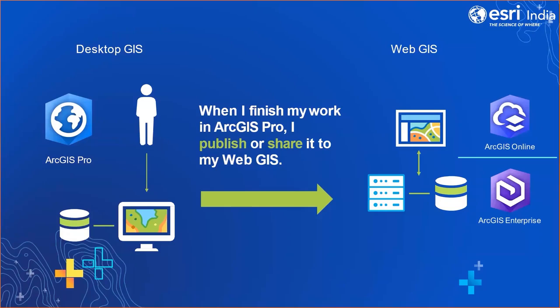Whereas ArcGIS Enterprise can be deployed within your premises, within your private cloud. And these deployment options can also be configured according to your need. If you want to go completely within your premises, you can do it. If you would like to take a hybrid approach for the deployment, we can do that as well. ArcGIS Online and ArcGIS Enterprise give you access to several applications.